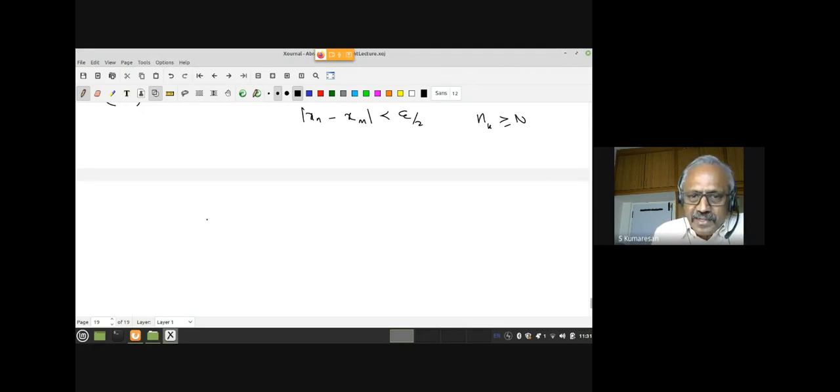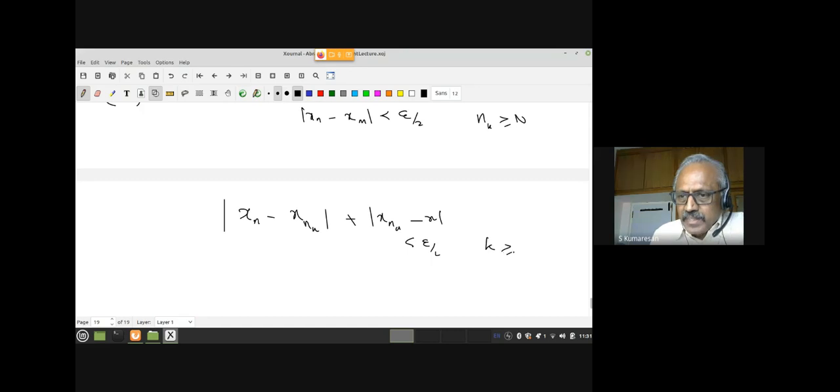Let us look at this. I have two things: this is x nk, and this is x nk minus x. For this to be less than epsilon by 2, I wanted k to be greater than or equal to k naught, and for this to be less than epsilon by 2, I wanted nk to be greater than or equal to capital N. Notice that here the condition is on the suffix k, here the condition is on the entire nk.